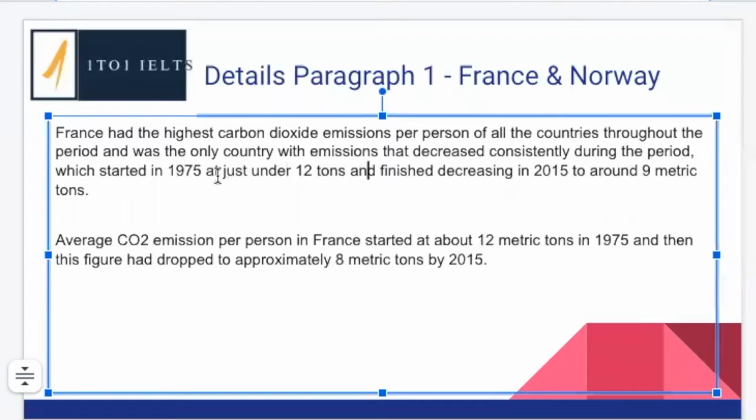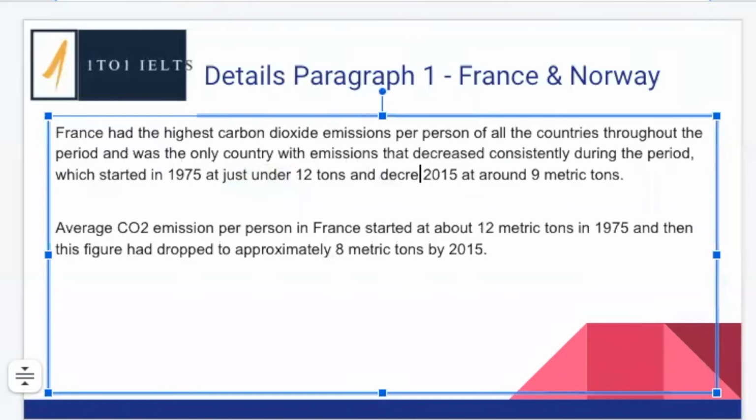So we started in 1975 at just under 12 tons and finished decreasing in 2015. So if you finish something, the word you start and you finish goes with what preposition? Yeah, "at". So if you're using "finished" or "started", this preposition is "at". If you're just using "decrease", let's say, here we use "to", because this verb is talking about movement.